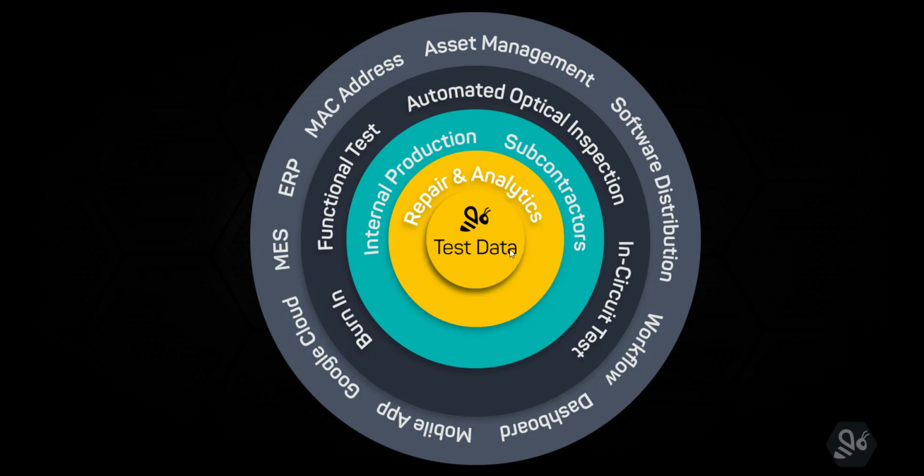It doesn't matter if you're doing internal production or you use subcontractors spread around the globe, or, as most companies have, a mix of those. It doesn't matter. What makes it very easy is to connect to all of these sources, and I'm going to get back to that in a little while.